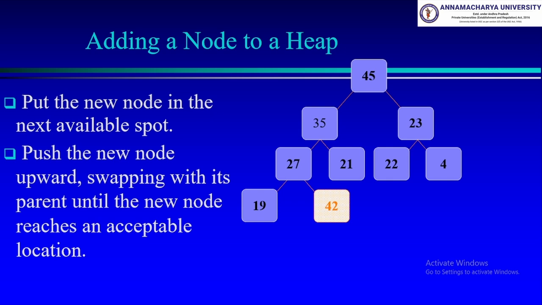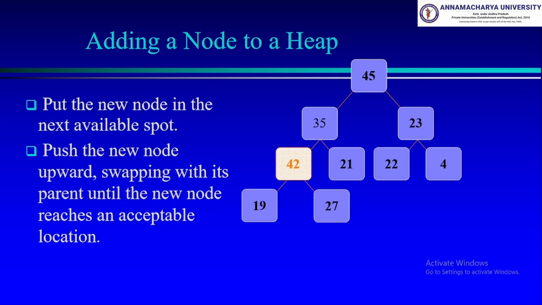Then push that new node upwards, verifying that property of the heap: swap with its parent until the new node reaches an acceptable location. In this case, 27 is a lower value and 42 is a higher value. So the swap occurs, and after the swap, this variety of tree appears.